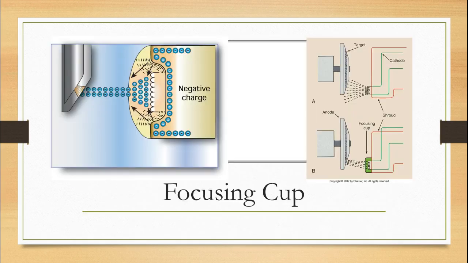So it keeps all the kids in the playground, as I say. Here you've got your negative focusing cup and your negative electrons, and it pushes them into a stream across to your anode. As you can see here, without the focusing cup, the kids are running all over the place. If you have a gate, it's going to keep them more in an orderly fashion. So there you go.